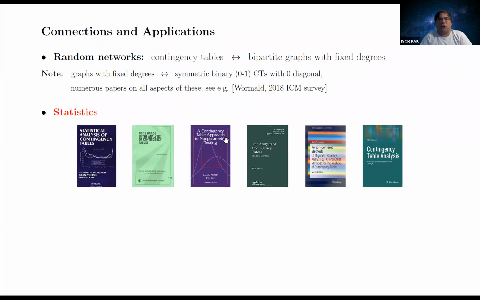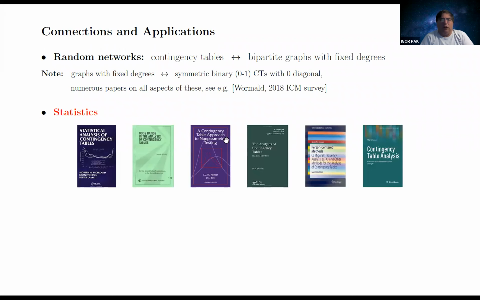And once you talk about these binary matrices, 0, 1 matrices, they correspond to usual graphs, and there is just a tremendous amount of literature on that, doing asymptotics and other things. I'm not going to review any of the literature at all. You can find some of that in Nick Wormald's ICM survey, and I'm just going to move on.